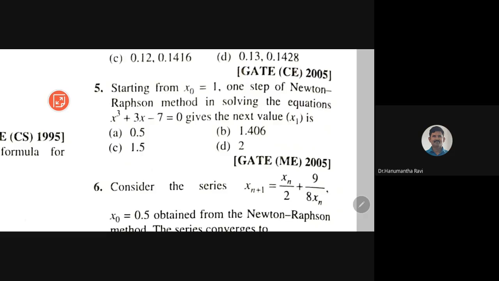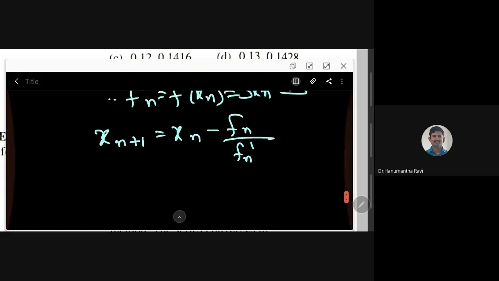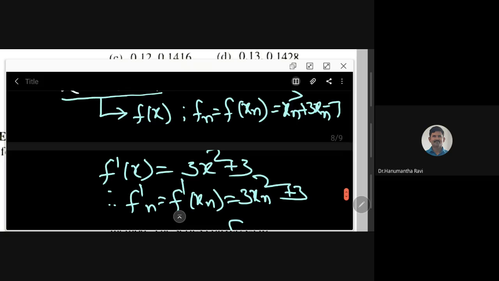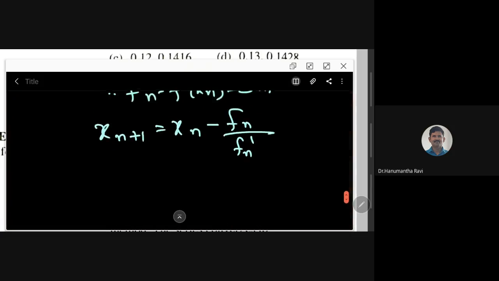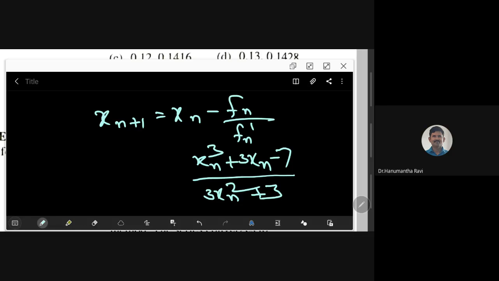So xn minus fn, where fn is xn cube plus 3xn minus 7, divided by 3xn square plus 3.